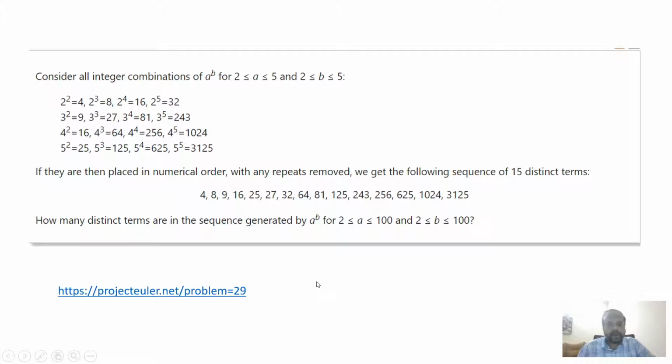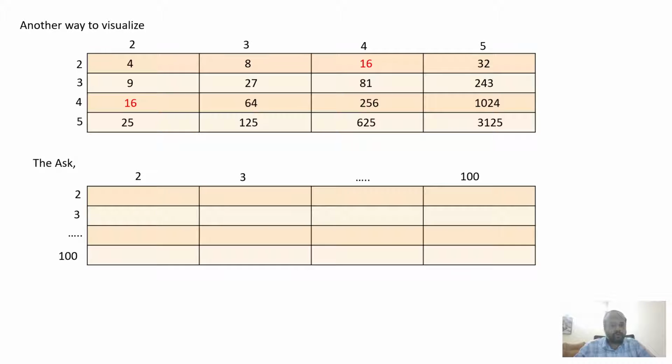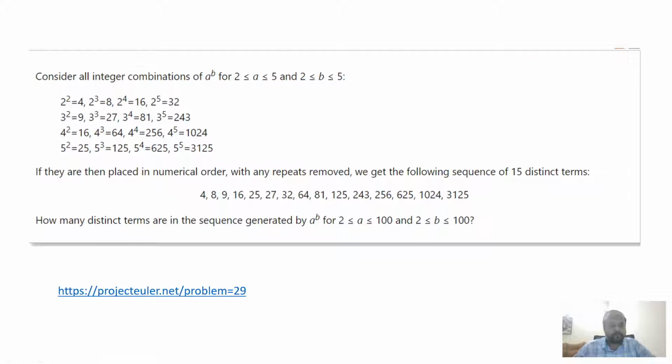Let's see how we can visualize and understand this problem a little better. Another way to visualize the problem is to put it into a table. In the problem description, they have given it as an enumerated sequence of values. All that we are doing is, there are two variables involved here, a and b.